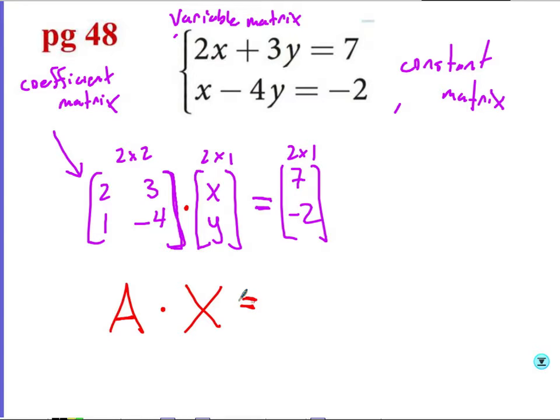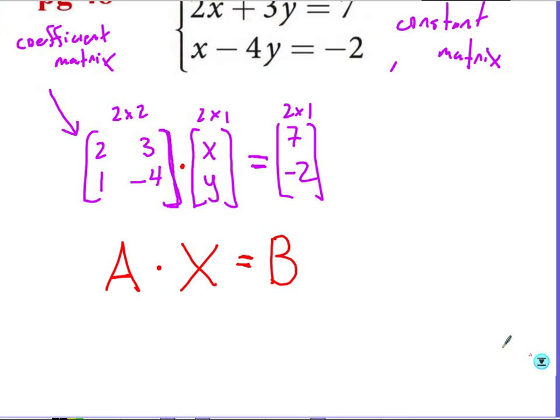Equals, now since I already used capital A, I'm just going to go down the line and call this matrix B. So this is matrix A times matrix X is equal to matrix B.